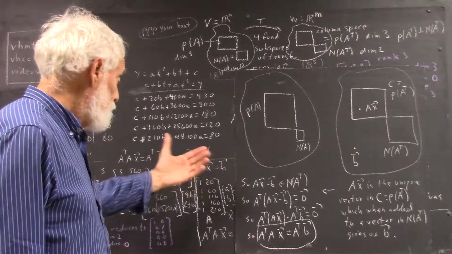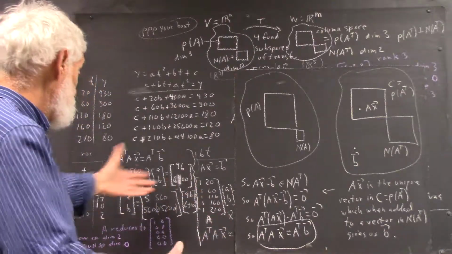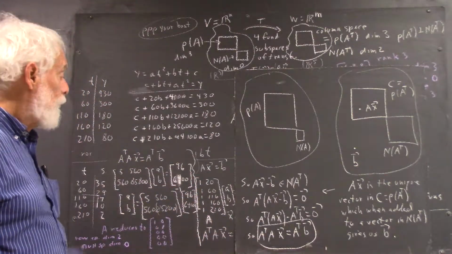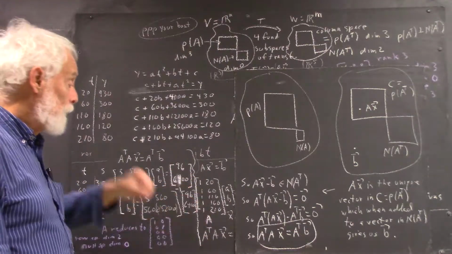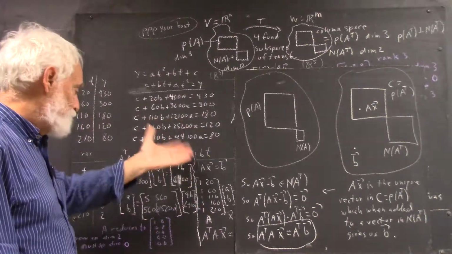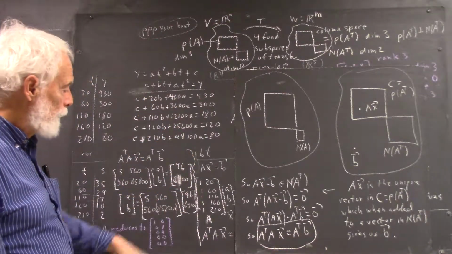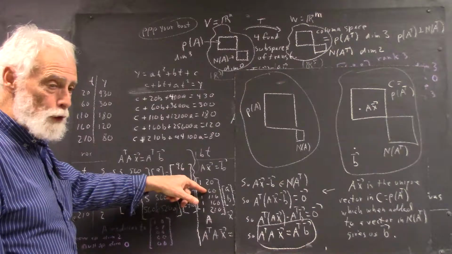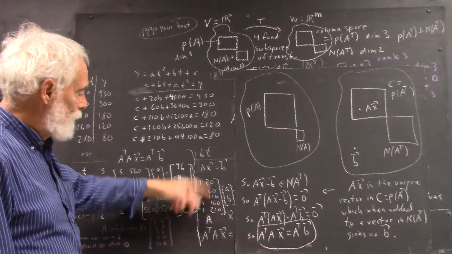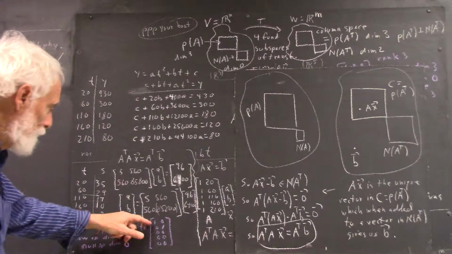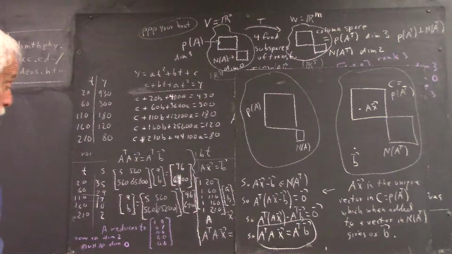We can easily reduce this matrix: subtract the first row from every other row, normalize this, and subtract this row from every other row. You get 1, 0, 0, 1, and then rows of zeros.